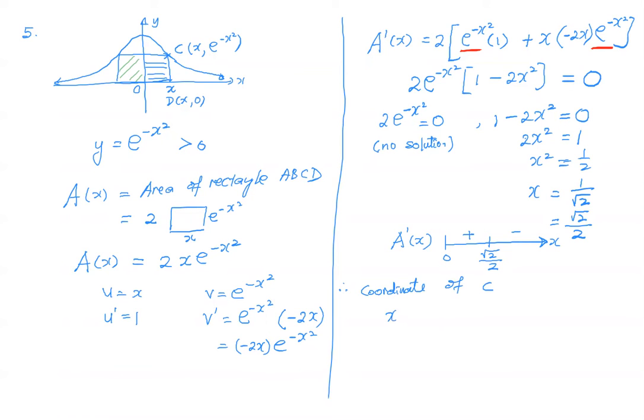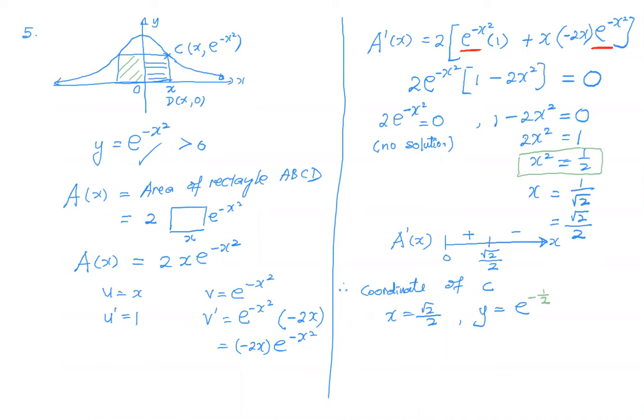x equal to root 2 over 2 and your y is equal to, this is the y. E to the power of, okay, you can look at it from here. What is the value of x squared? So I can straight away substitute. x squared is half.